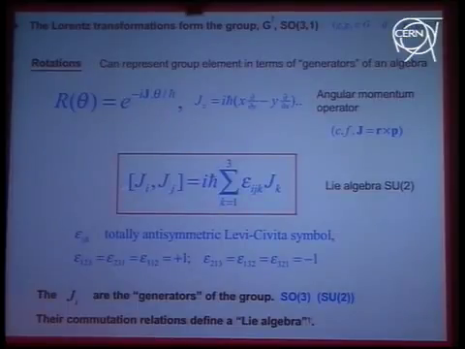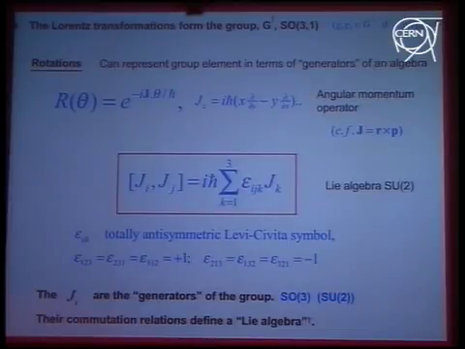And associated with the fact that R's form a group, the J's form what's known as an algebra, where you take the commutation relations, [Ji, Jj] = Ji Jj minus Jj Ji, and they have to give you another J. These are the generators of the group. The Ji are the generators of group SO(3), which is the group of rotations, because I'm here writing the rotations only, but if I extended that to include the boosts, I would find that they would generate the group SO(3,1).